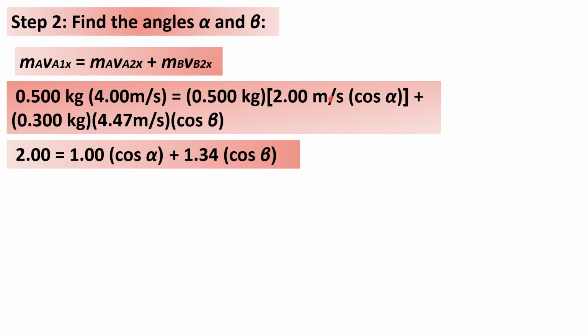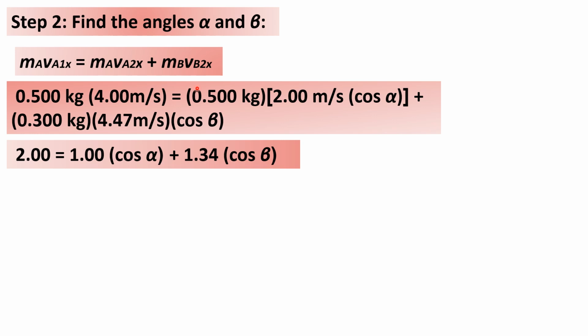Since it makes an angle alpha with the horizontal, the x component of its final velocity can be expressed as 2.00 meters per second multiplied by the cosine of the angle alpha.